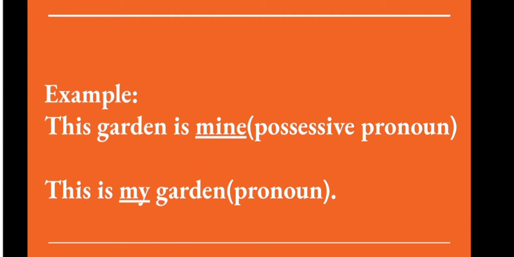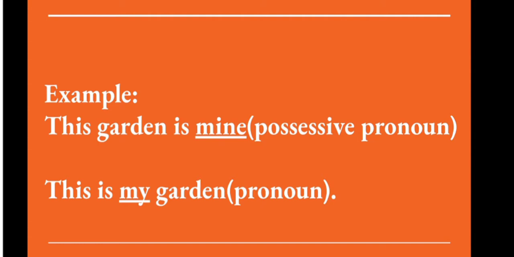Look at the first sentence once again. This garden is mine. So here mine is a possessive pronoun. That is, the garden belongs to me. So mine is a possessive pronoun. And look at the sentence, children. This garden is mine.